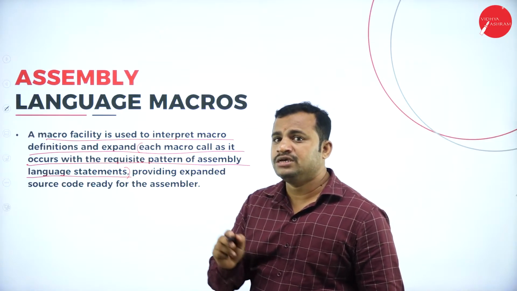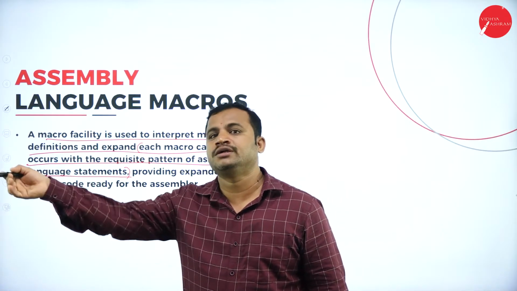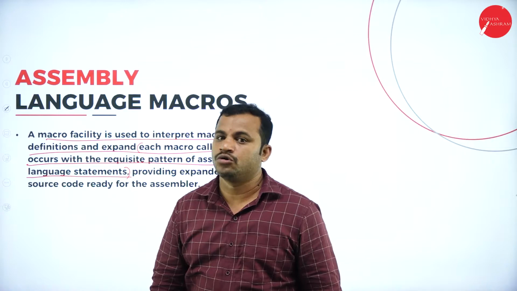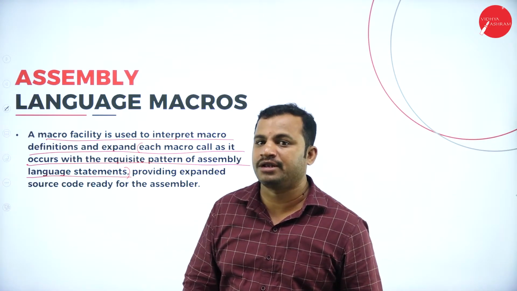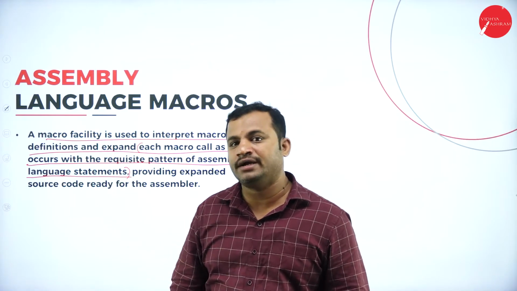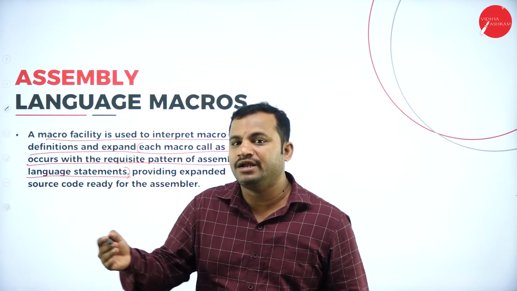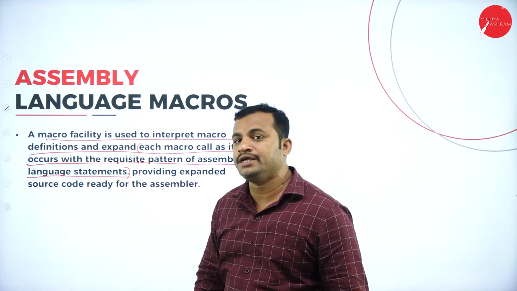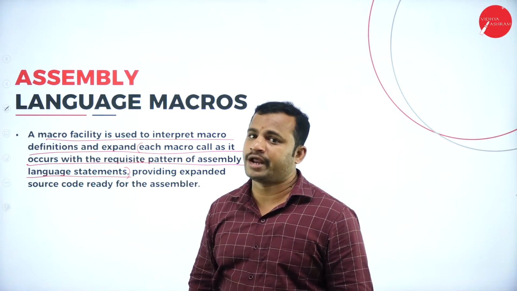That means if it is the COBOL programming language, it works according to COBOL. If it is assembly language or an intermediate programming language, it works according to that. If it is ALGOL, then it works according to that. That is, the preprocessing takes place according to the requirement of the language specifically required for the programmer.